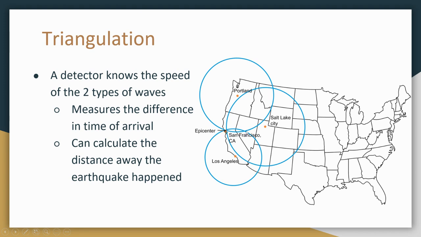Well, if we want to nail down exactly where that earthquake happened, we call up a third buddy in Salt Lake City who does the same calculation. So, triangulation: you need three sets of data, and you do some algebra with the different types of waves to calculate the exact distance away that earthquakes happen.